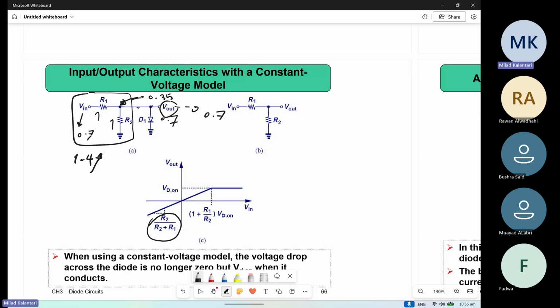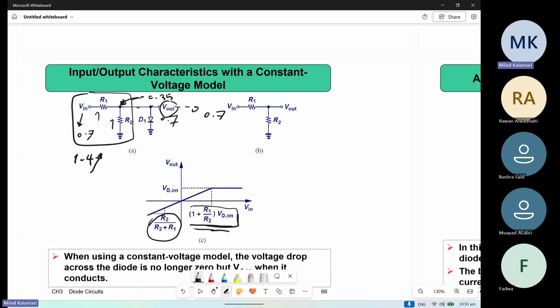So here is trying to just parametrically say where this turning on point is. You can calculate the voltage divider value and find when it reaches VD on. You don't need to memorize this, you can solve it, right?